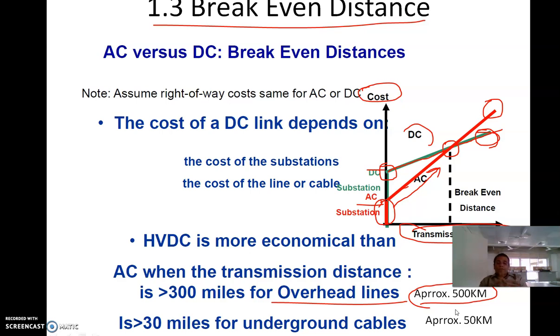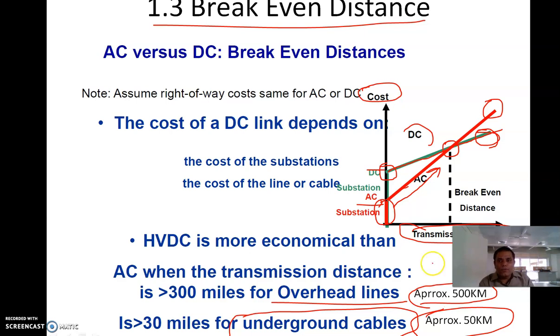And this distance is much smaller for underground cables, because in AC systems the underground cable will require a lot of reactive power. So this distance is only 50 kilometers. If you want to transmit power just above 50 kilometers underground, then you should go for an HVDC system, right?